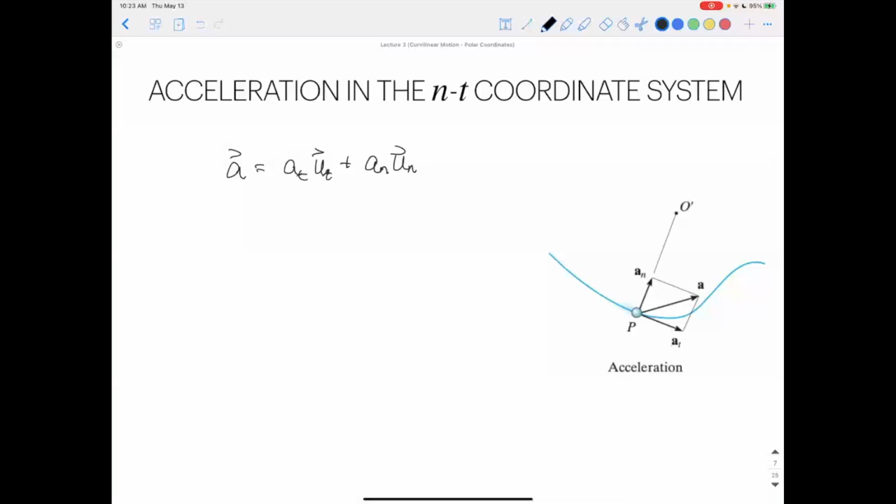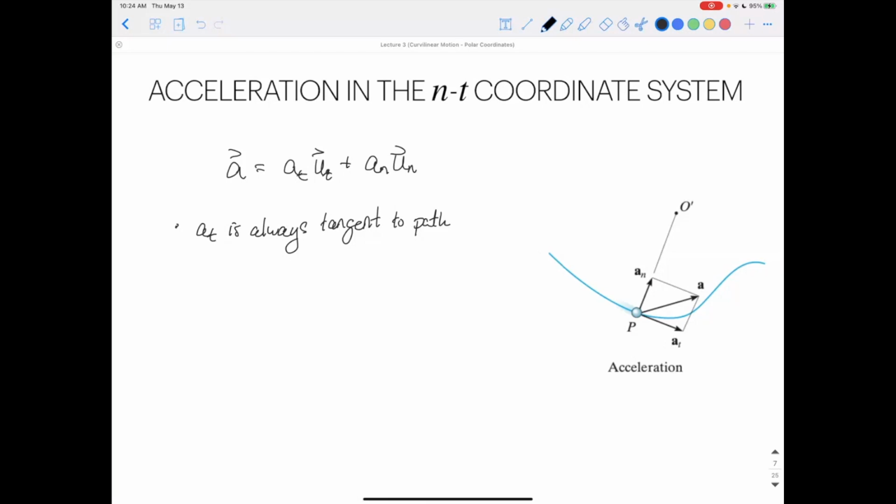Like it suggests, AT is tangent to the curve and is either increasing or decreasing the velocity. So AT is always tangent to the path, and it's in the direction of increasing or decreasing velocity.